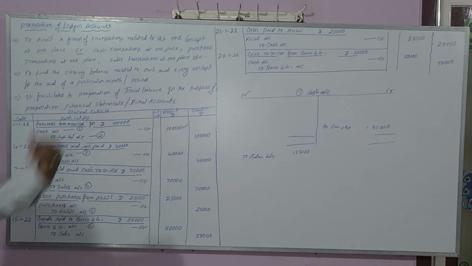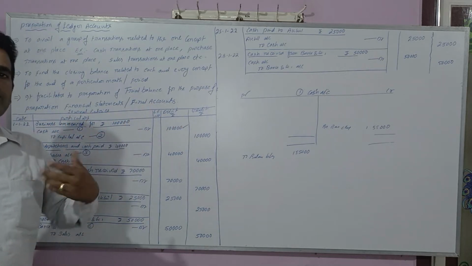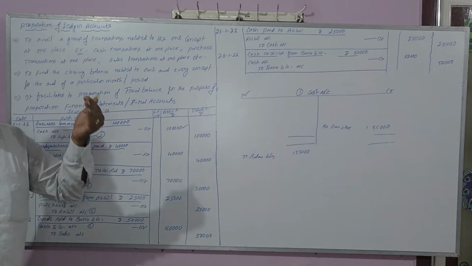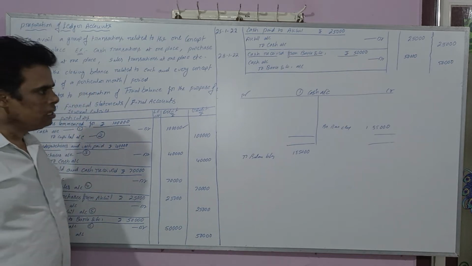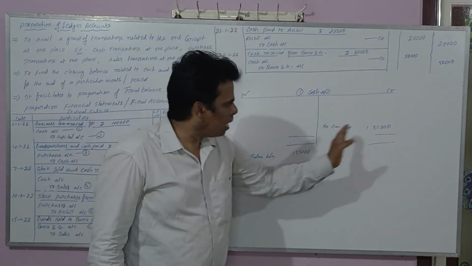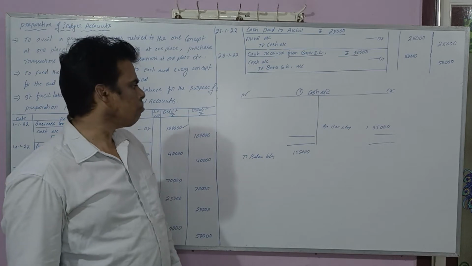The first ledger account completed in the previous class was the cash account. After completion of any account, the important point to remember is how much amount is carried down and brought down. That should be concentrated on.